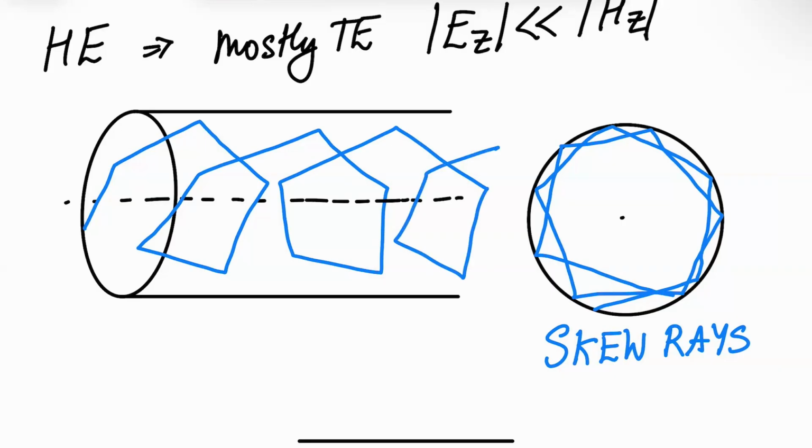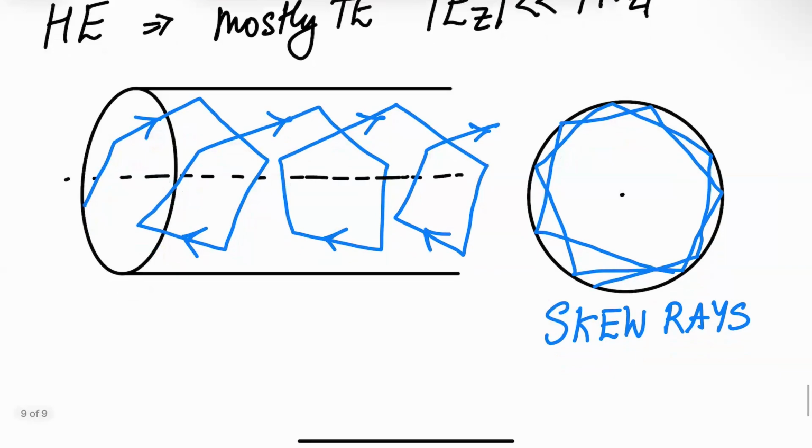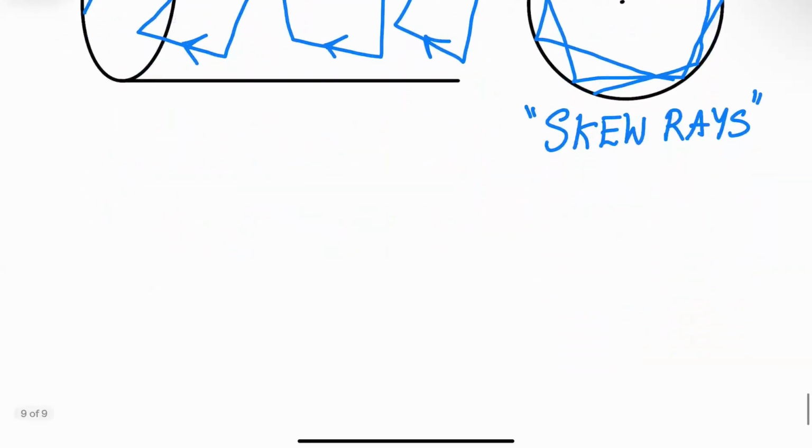Like that. Okay. Something like that. So this is the ray picture of what's going on. It essentially gives us this azimuthal variation, right? Because this ray is going around like that. Okay. So let's actually see how to solve it.